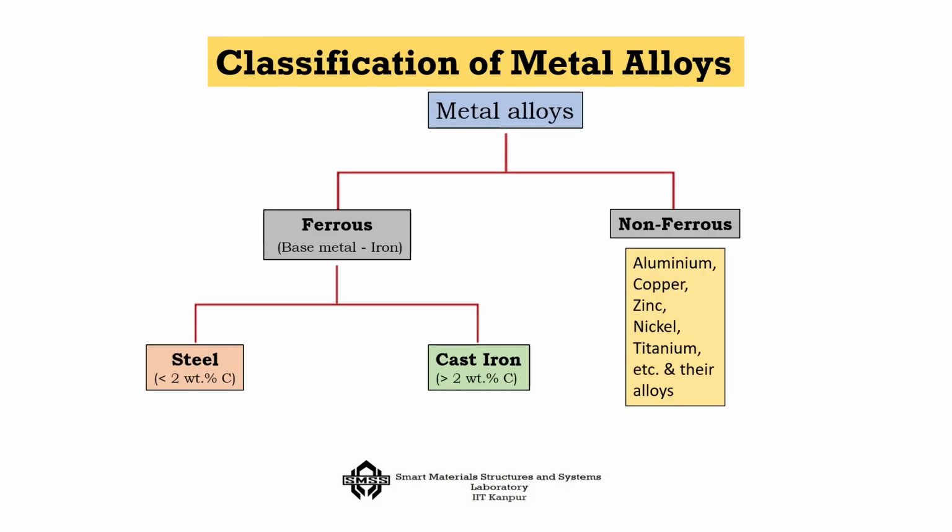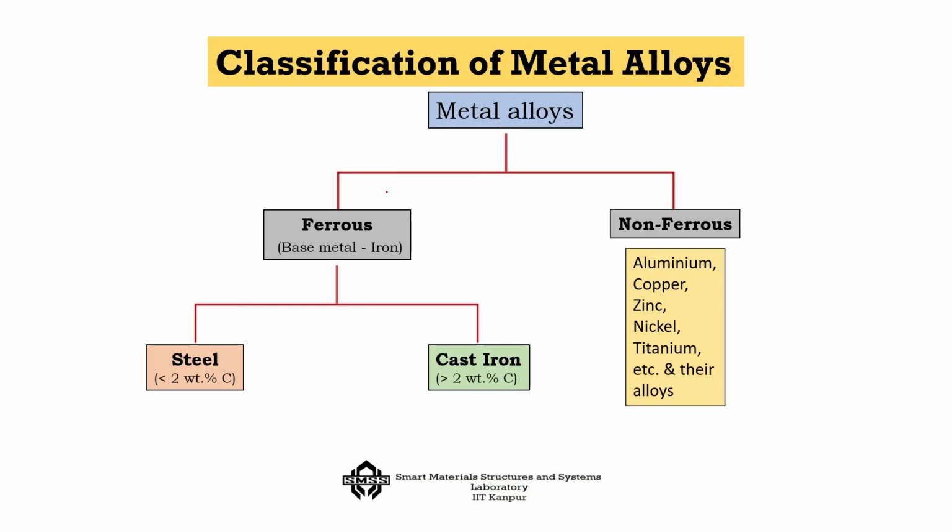Now, metallic alloys clearly indicate that you have a base metal, something like iron or aluminum or nickel or copper. With that, you are substituting some of the atoms by some other alloying elements. That can be metals, can be non-metals, but that is the way we form the metallic alloys, and they can be grouped into two categories: the ferrous category, where the base metal will be iron, and the non-ferrous category, where the base metal could be aluminum, copper, zinc, nickel, titanium and others.